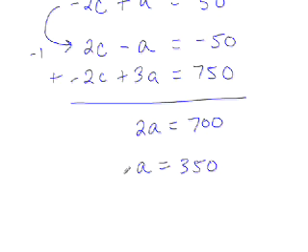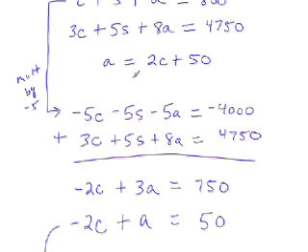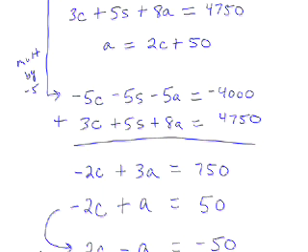So there we've solved for one of our three variables. A is equal to 350. Now as we work backwards, let's substitute our A value in to get a second value. We know that A equals 2C plus 50.